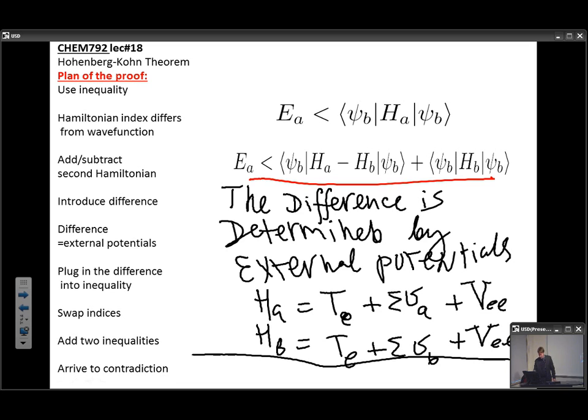And if we subtract them, HA minus HB, then kinetic energy cancels, electron-electron interaction cancels. So we do have a summation of VA minus VB.